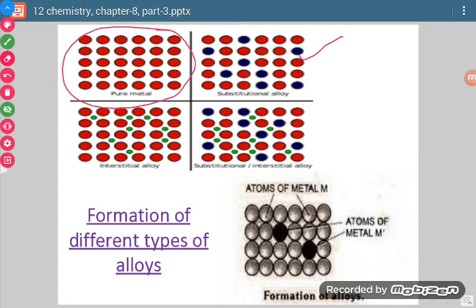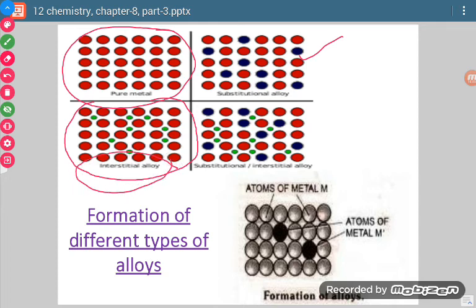So we can say it is a substitutional alloy. Now it may also happen that the substance which is added is very small in size, and that may occupy interstitial sites. So if that happens, then we will say it is an interstitial alloy.